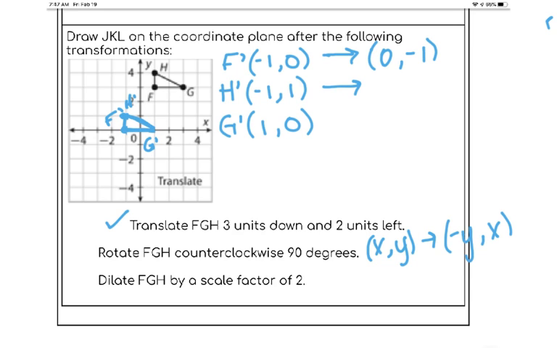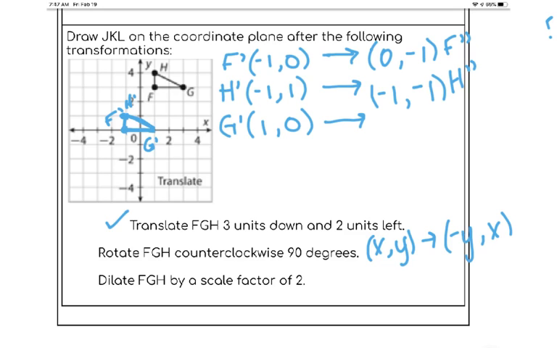So I did that for F prime, and that's going to be my F double prime. Then H prime is going to be negative 1, 1, so now we need to make that negative y, so it's going to be negative 1, and x is going to stay the same, but in the y position. So that is H double prime.